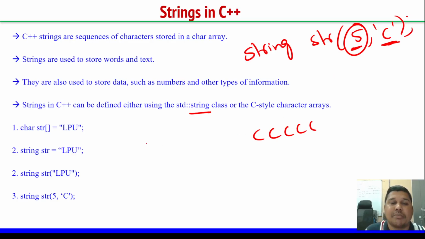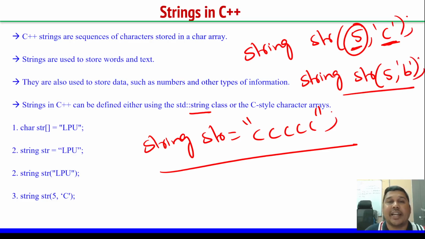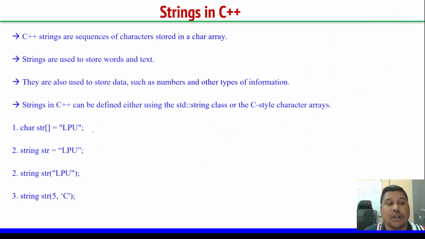So string str equal to double quotes 5C can be written in a single statement as string str of 5 comma b. If I write like this, it will give b 5 times. So these are different ways of assigning values to string variables.